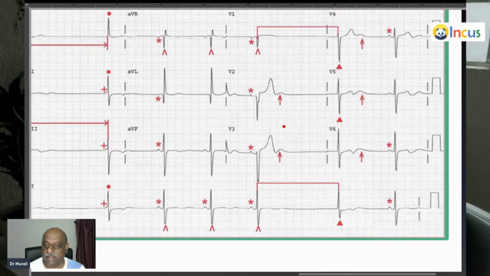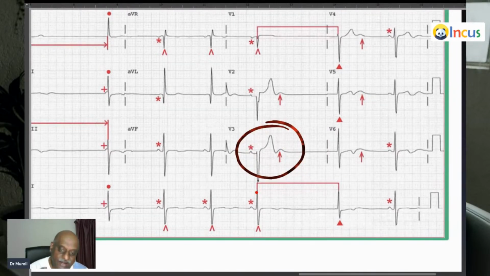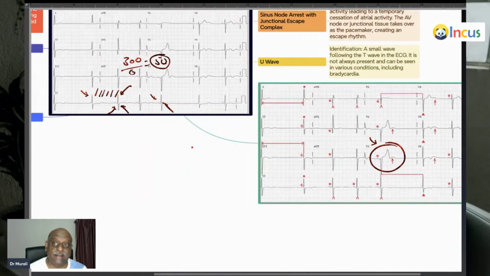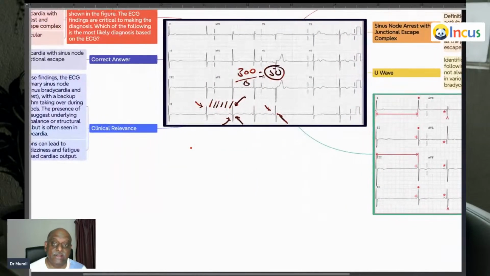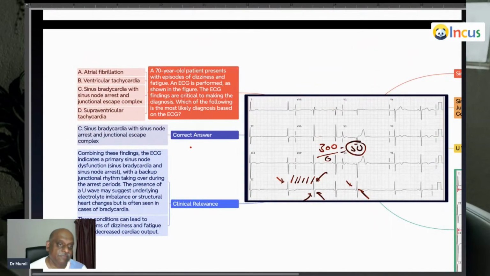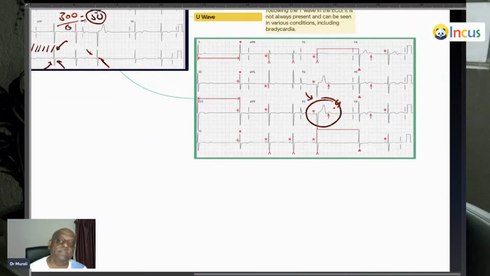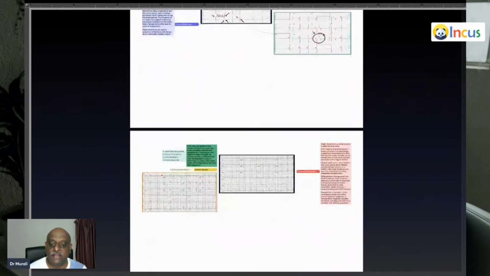So typically, whenever there is a sinus bradycardia, the pacemaker is releasing the impulses very slowly. Then the AV node itself will take over the impulse, which is called the junctional rhythm, basically. So sinus bradycardia with sinus node arrest and junctional escape rhythm is the diagnosis in this ECG.